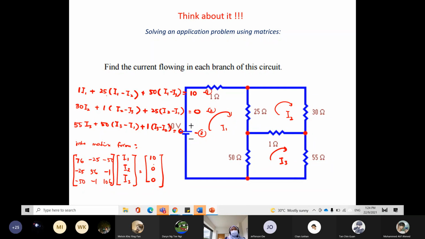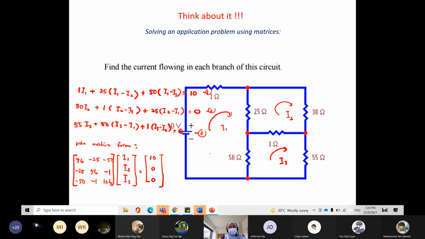Okay, so from this matrix form, you can use Gaussian elimination also can. Gauss-Jordan also can. So if you want to use a different method, you have a variety of these three methods: Cramer's, Gaussian elimination, and Gauss-Jordan.